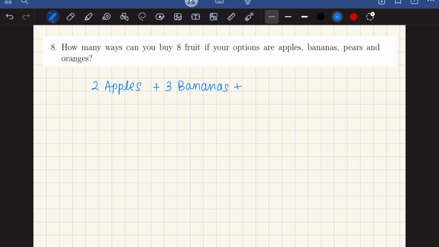Let's say I don't like pears, so I do not want any pear, and then I have to take 8 fruits, so I'll take the remaining 3 as oranges. That is just one way of taking, and you could have so many ways. So the question is, how many ways can you do this?